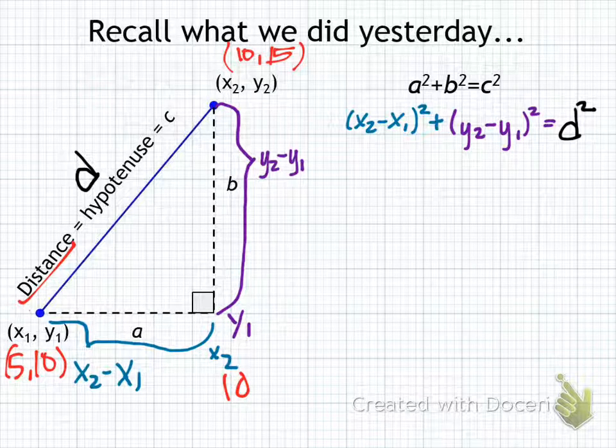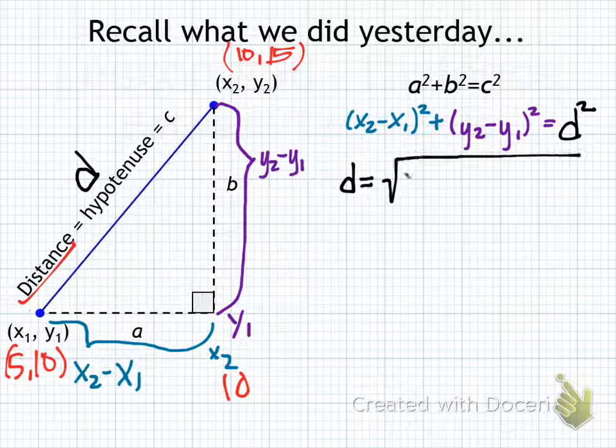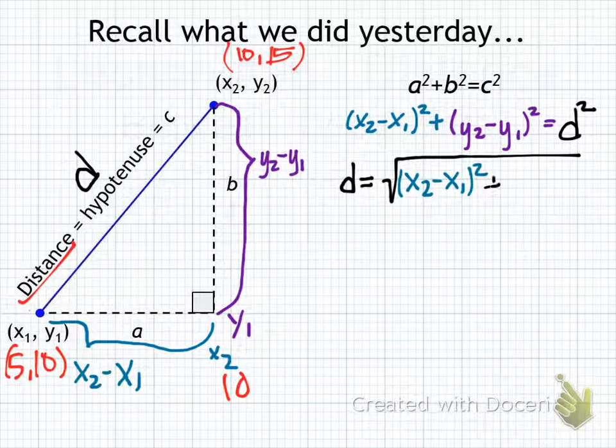So (x2 minus x1) squared plus (y2 minus y1) squared equals d squared. And then solving for d, I would just take the square root of both sides. So d equals the square root of (x2 minus x1) squared plus (y2 minus y1) squared.